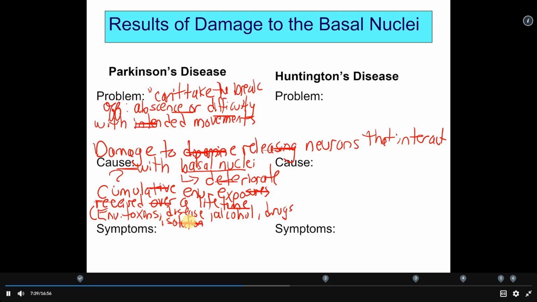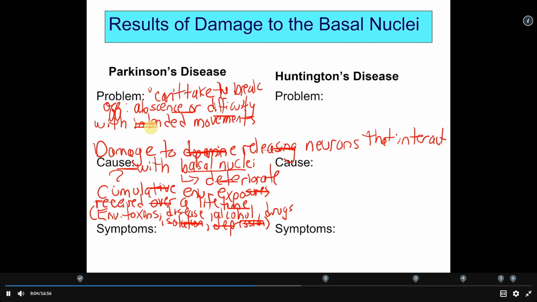even things like isolation. Someone who is isolated and doesn't have a lot of social interaction, depression. We could go on, lack of intellectual stimulation, immobility. All of these things combined seem to cause damage to the dopamine releasing neurons.